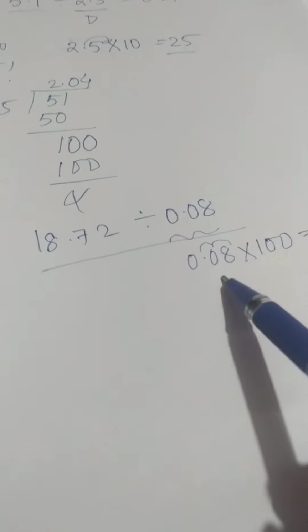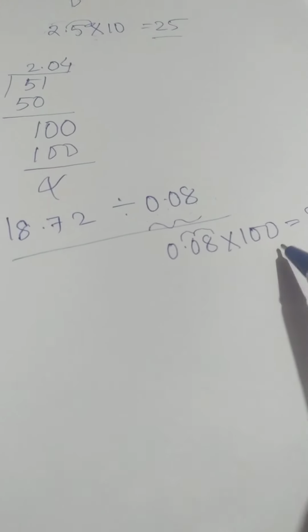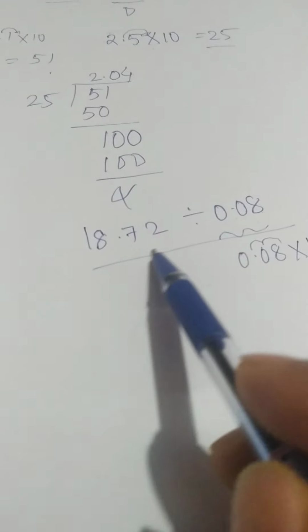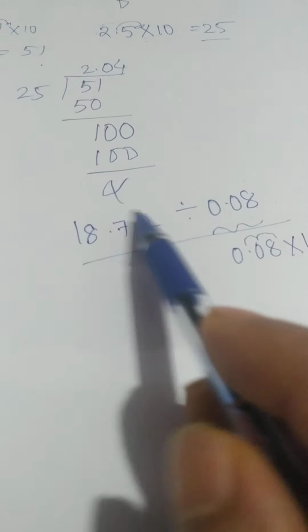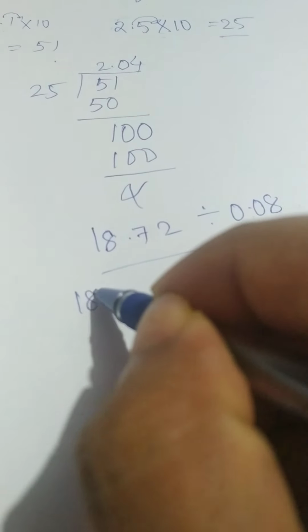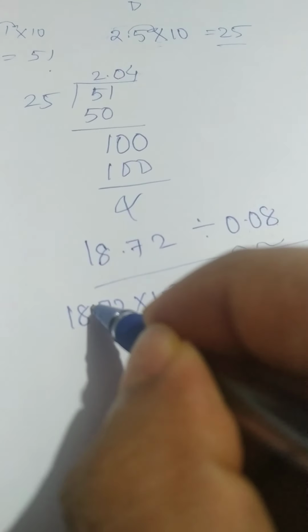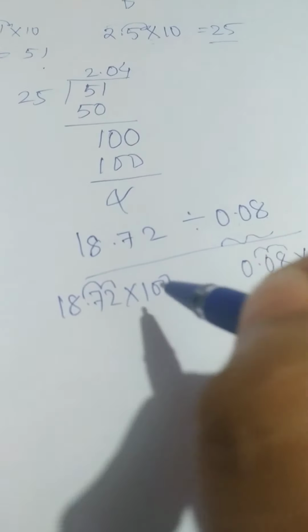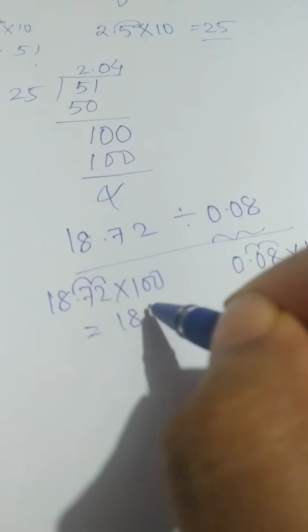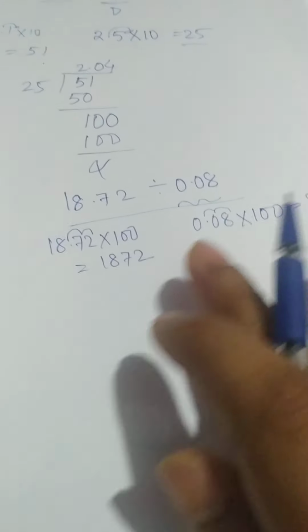Since I've multiplied this divisor by 100, I need to multiply the dividend also by 100. So 18.72 times 100, what does it become? 1 step, 2 steps, so it becomes 1872. So this is my first step.